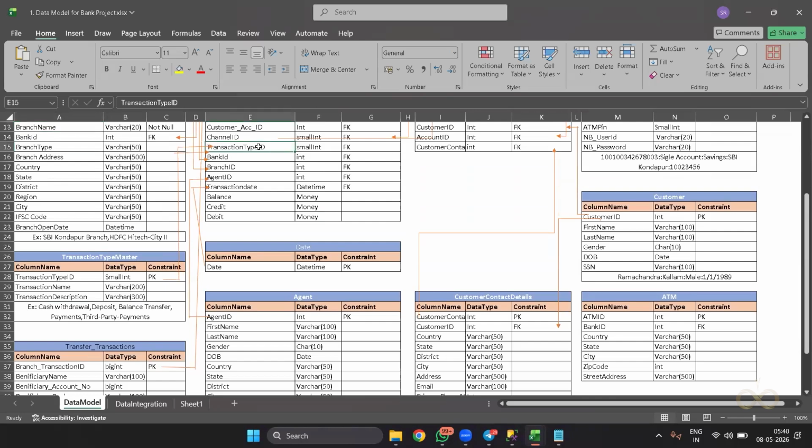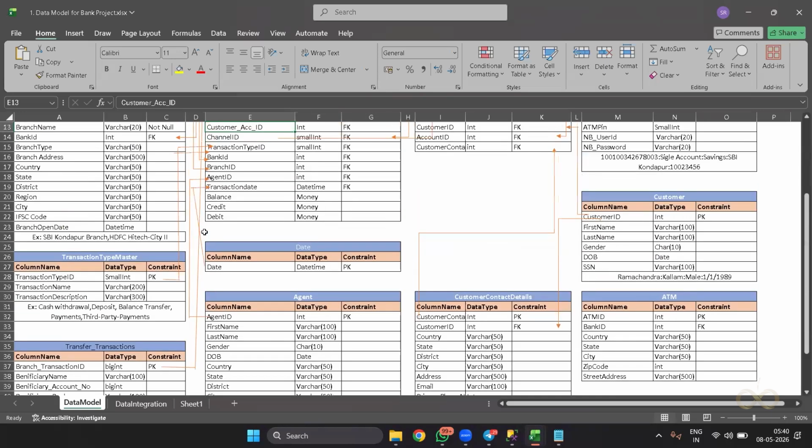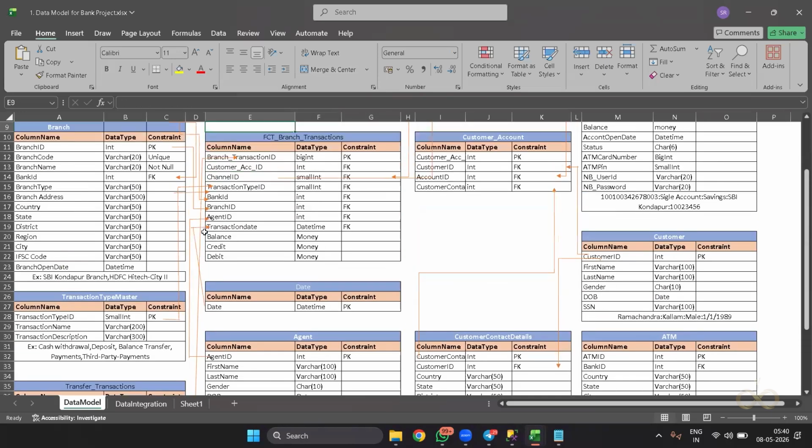No, it's basically going up. Transactions always have 3 or 2 types, no? So here basically we are showing which transactions are allowed from which account number and from which beneficiary bank. No, I got that. But if you look at the arrow, this arrow is going to the branch transaction ID.